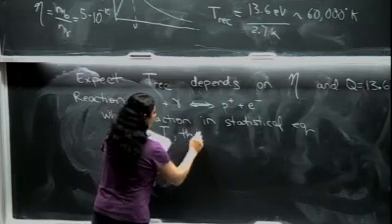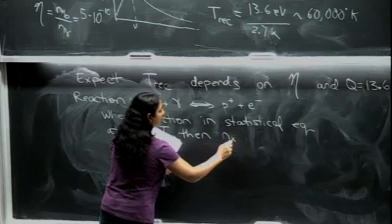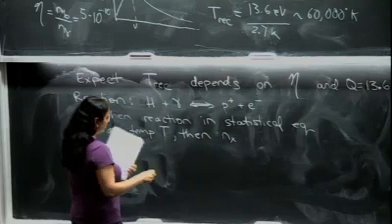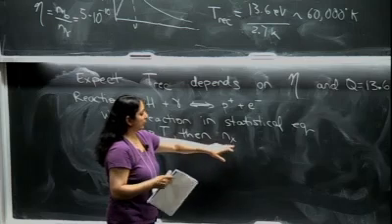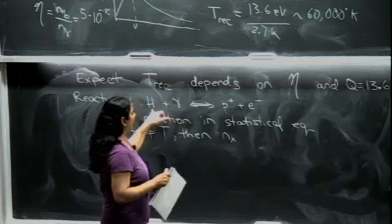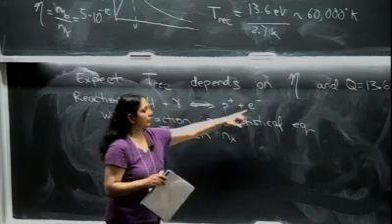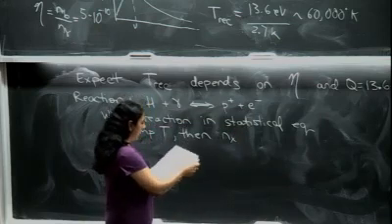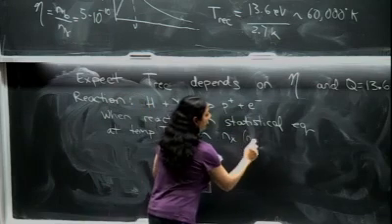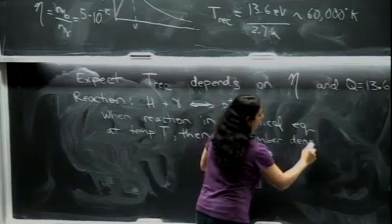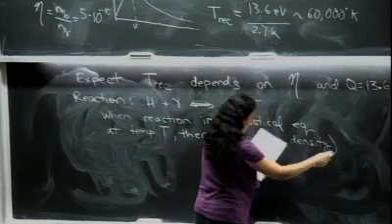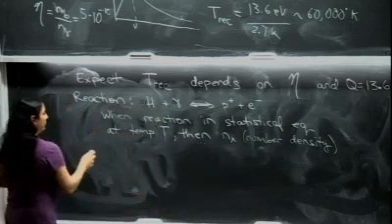then n_x, which is the number density of any particle I'm talking about, whether it's hydrogen or the proton or the electron, this n_x, the number density, is given by the Maxwell-Boltzmann equation.